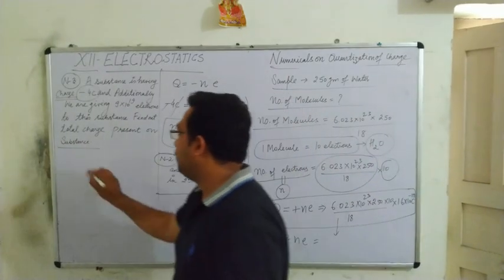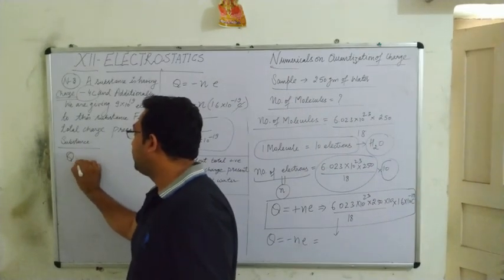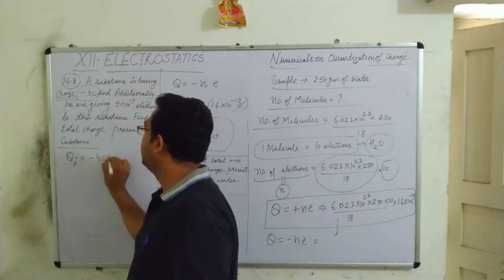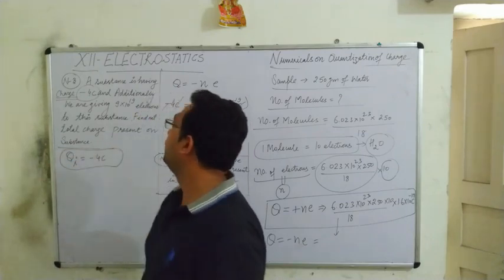So the initial value of charge we can write down, that is minus 4 Coulomb.